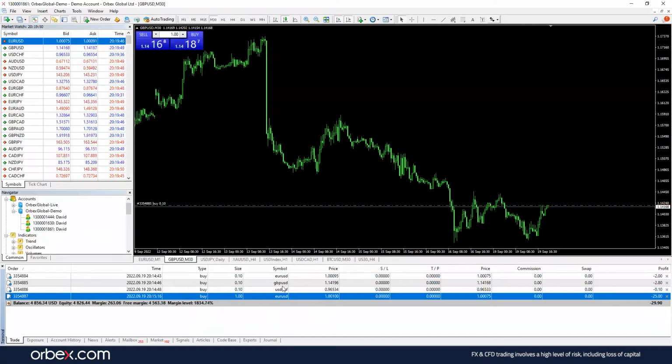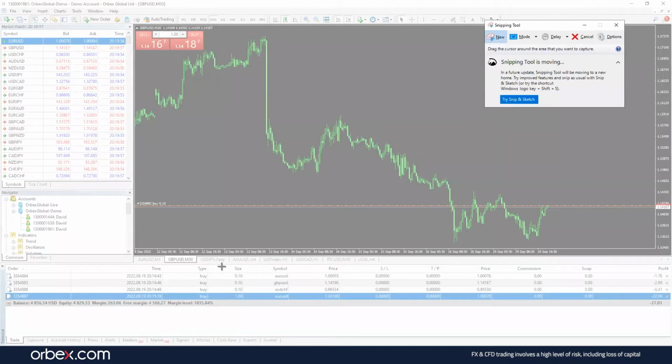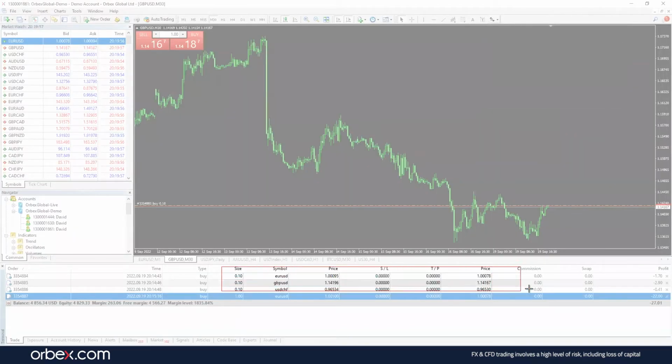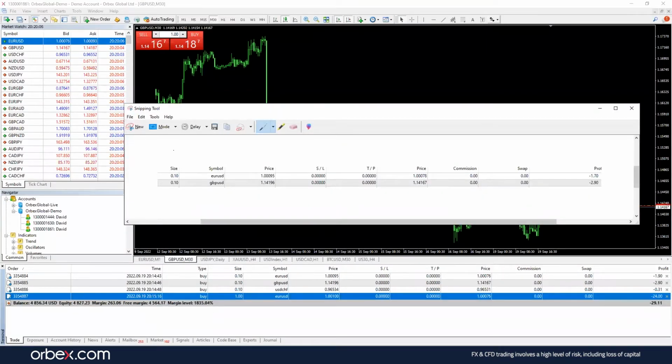So we've got euro dollar. For these two particular pairs, pound dollar and euro dollar, let me just highlight these two so it's a bit easy to see. So per one lot equals $10 a pip.